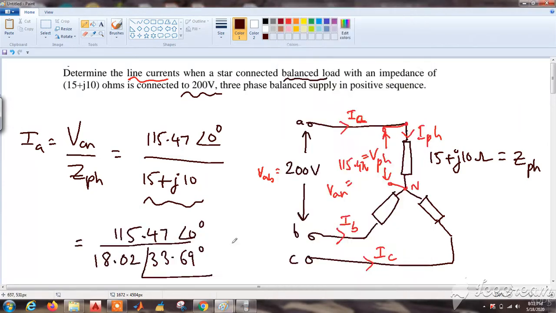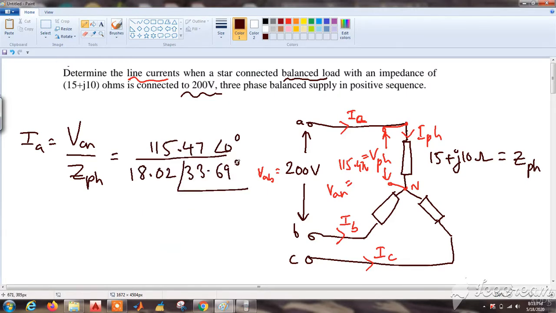Substitute here. We converted this into polar form because when both are in polar form we can easily divide them. Please remember, for division and multiplication it is easier when you convert to polar form, and when you have to do addition or subtraction you can use the rectangular form, also called complex form.